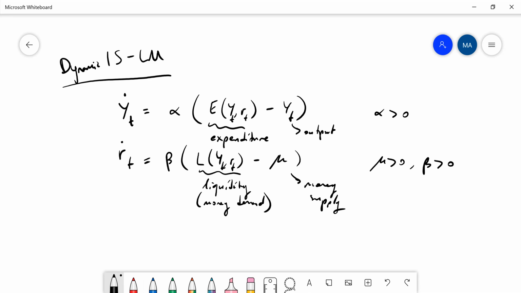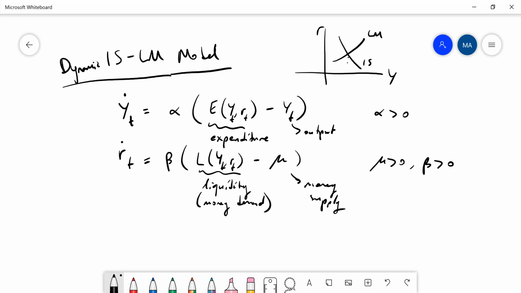So now, as you see, instead of just drawing LM and IS curves, right, and defining an equilibrium, we are now interested in the dynamic behavior of these variables when these are steady state characterizations.